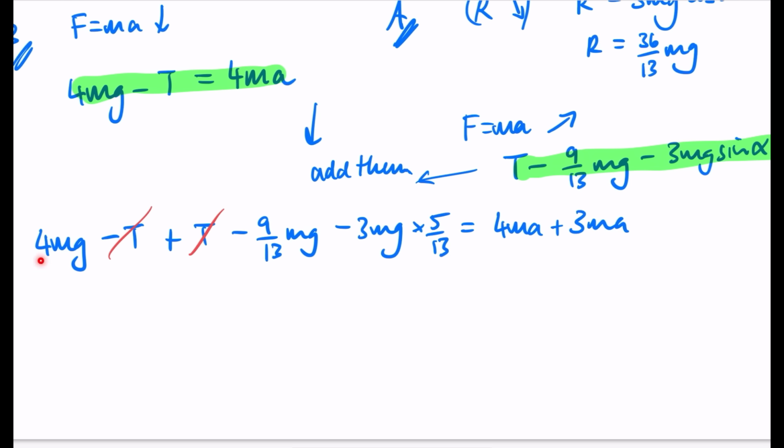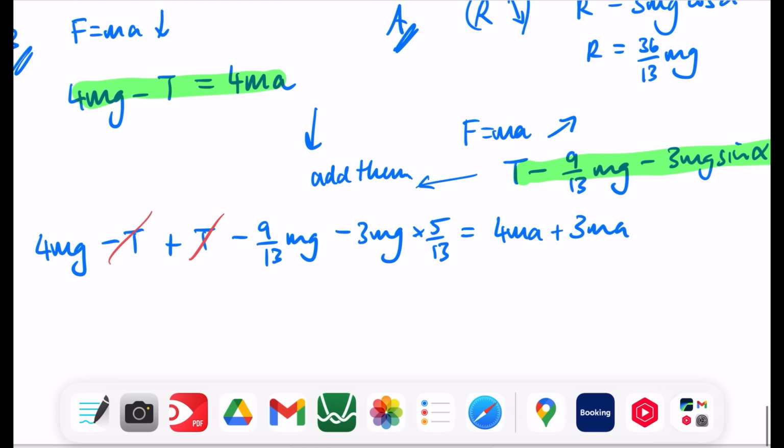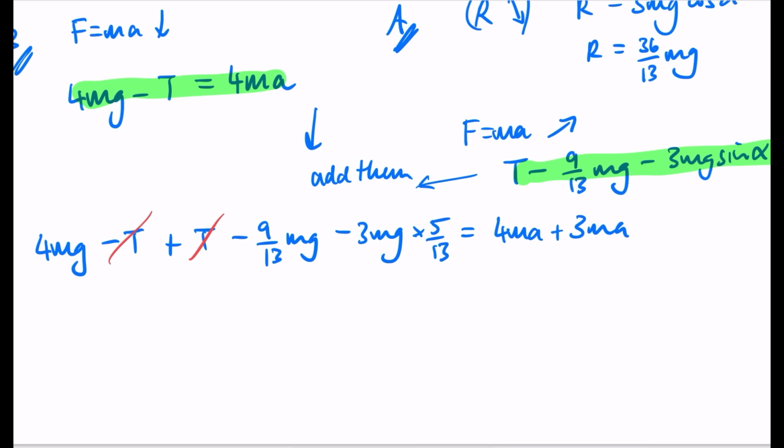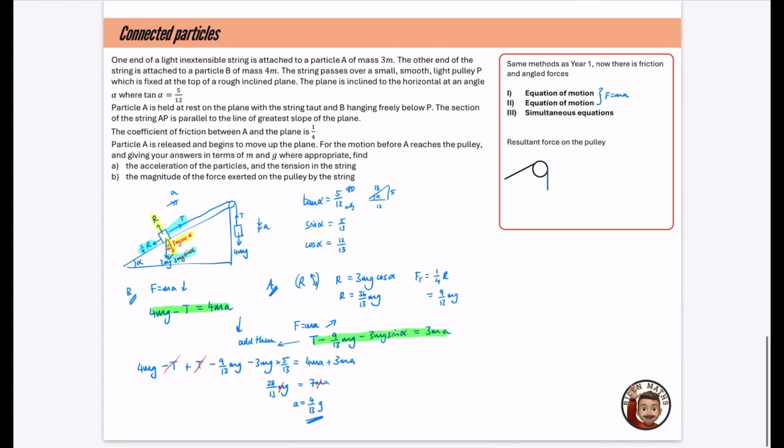So when you do 4 minus 9 over 13 minus 3 times 5 over 13, you get 28 over 13 mg equals 7ma. The m's cancel. We then divide by 7, and we get that the acceleration is 4 over 13 g. And it did say it's okay to leave our answer in terms of g there.